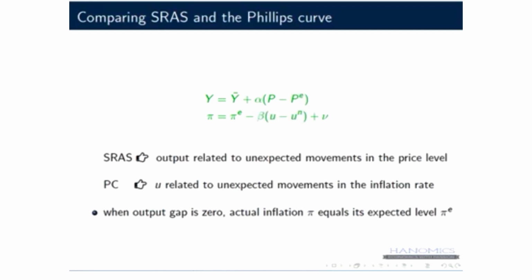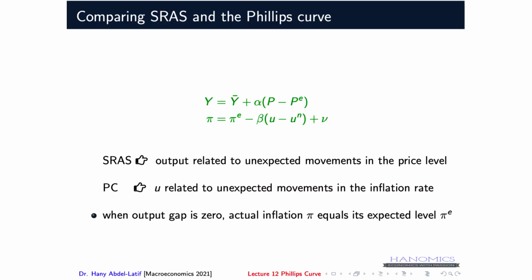Obviously, there might be some unexpected or unanticipated supply shock that may change the actual inflation rate. But if we assume there is no supply shock, and the economy is functioning at the full employment level, which is Y bar, that means the cyclical unemployment equals zero, and the actual unemployment rate will be equal to the natural rate of unemployment.